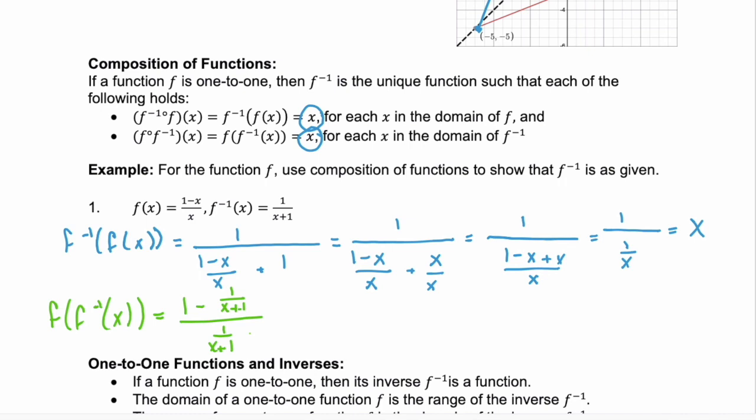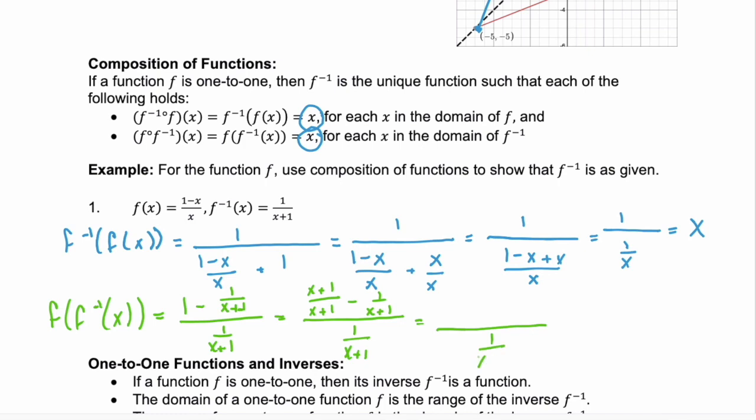So we should have this. Let's start simplifying the numerator. And that 1 we're going to rewrite as x plus 1 over x plus 1, minus 1 over x plus 1. And this is all over 1 over x plus 1.